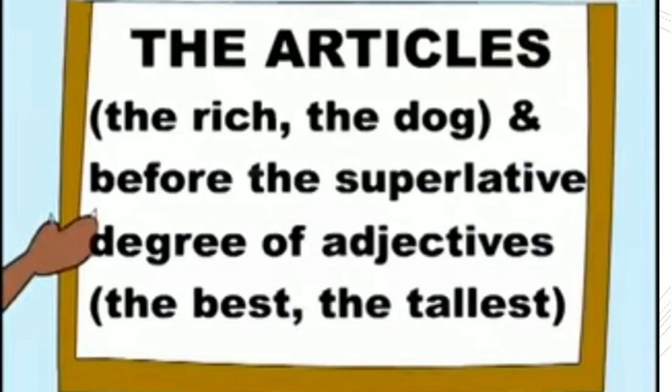The article the is used before the superlative degree of adjectives: the best, the tallest. That means the is used especially just before the superlative degree of an adjective. Now it can be used for many other cases also.